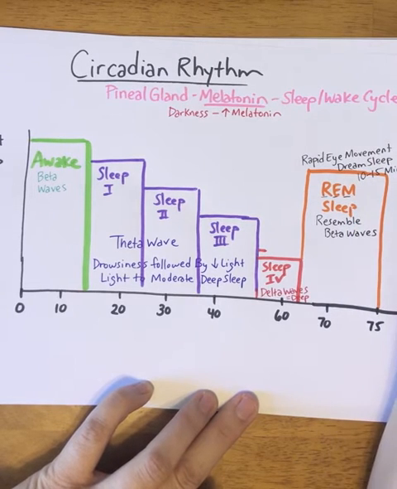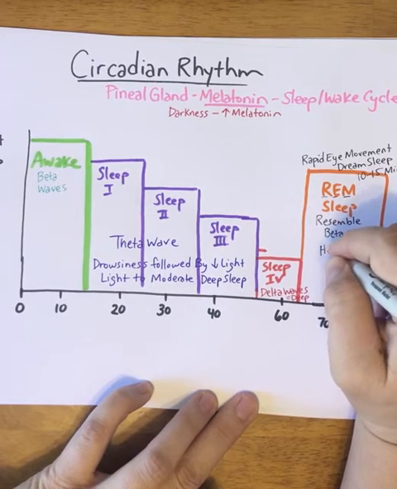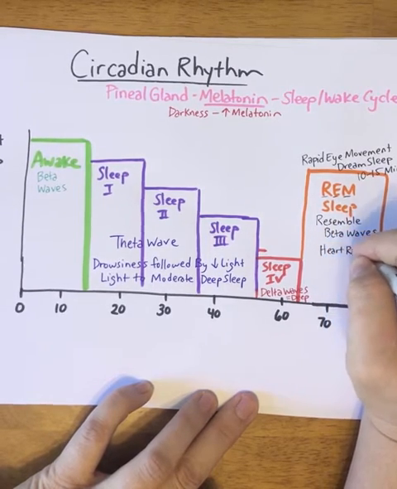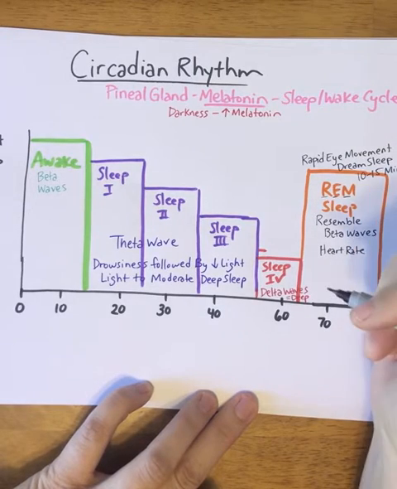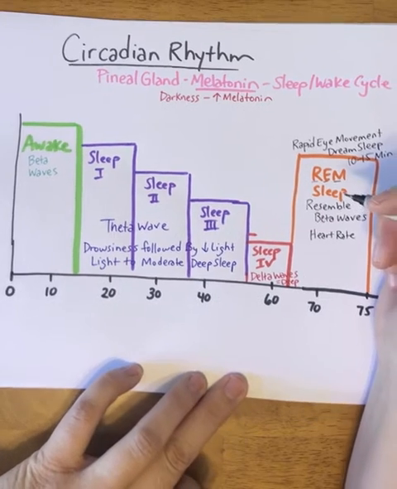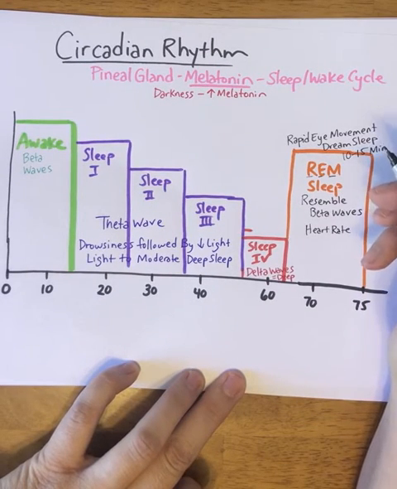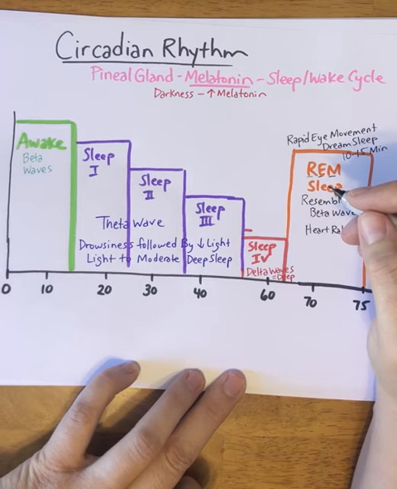A couple other things are going on in here. Your heart rate is irregular. Usually, when I think of REM sleep, my dog is always running from something. She gets really upset when she's in her dream sleep. So your heart rate and your breathing rate are irregular. I don't know if she's running from something or chasing something.